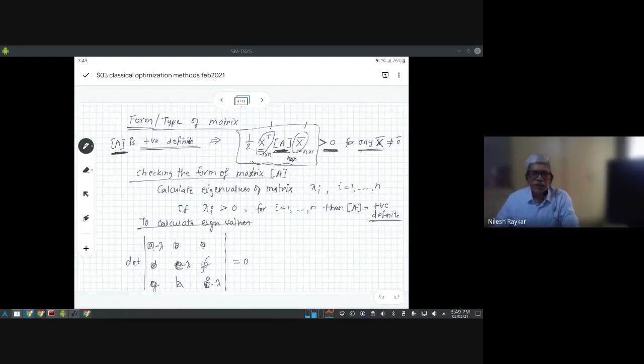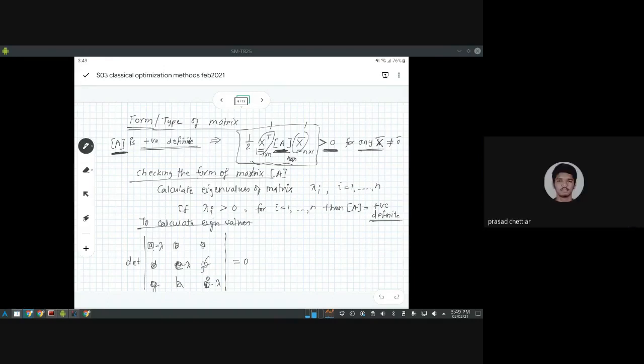Yes, as I said, there are methods other than the eigenvalue method. What you are saying is correct. Eigenvalue computation is expensive. So we could take any random simple vector, like for an n by n matrix, take n vectors, like 1000.